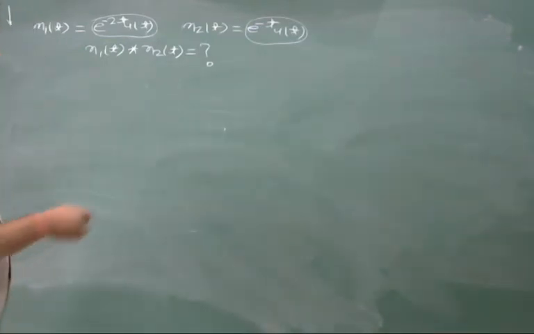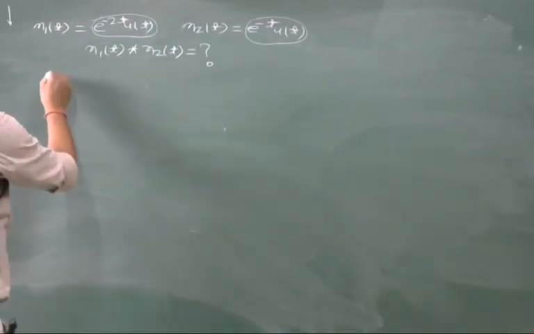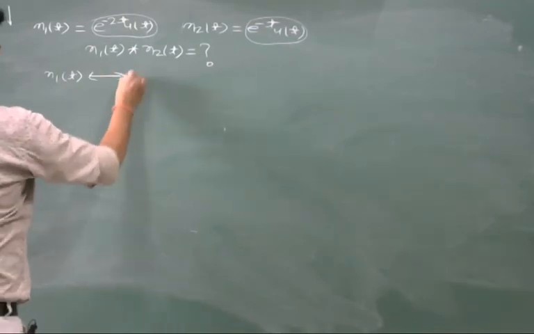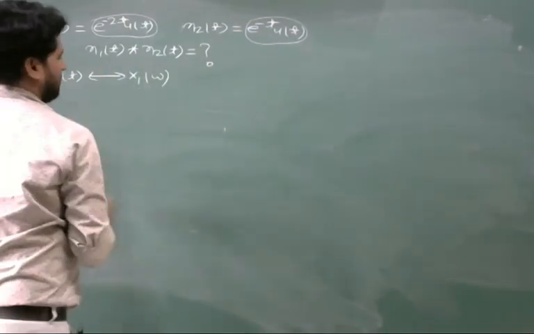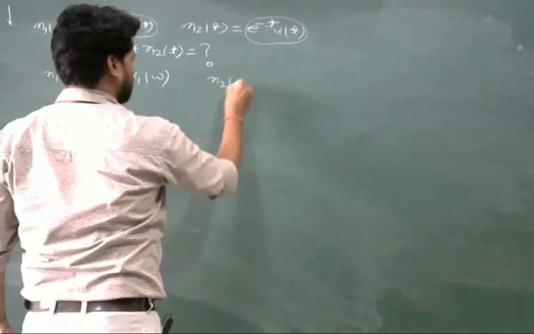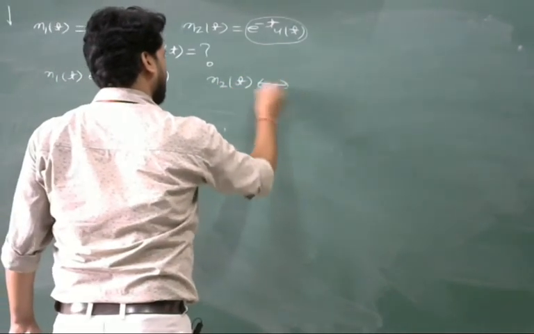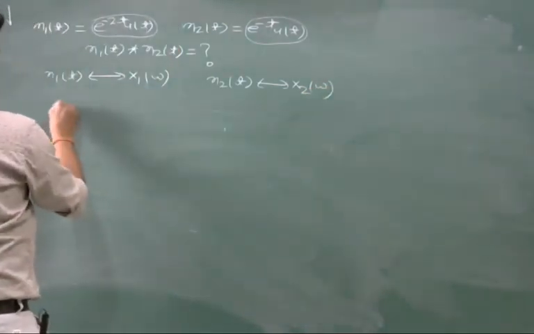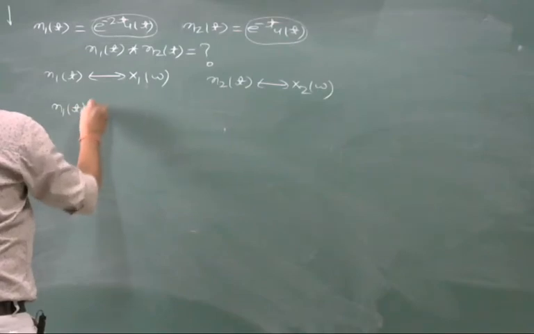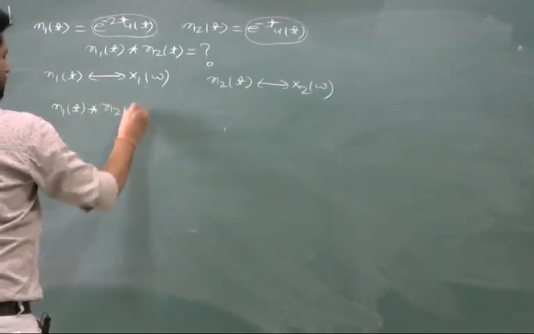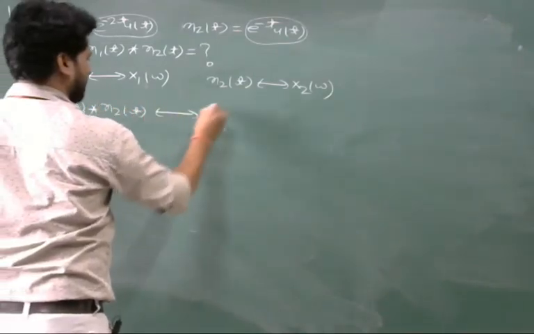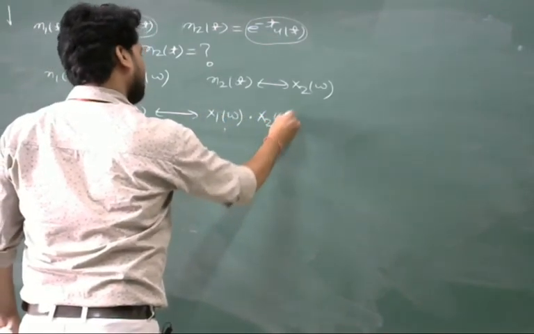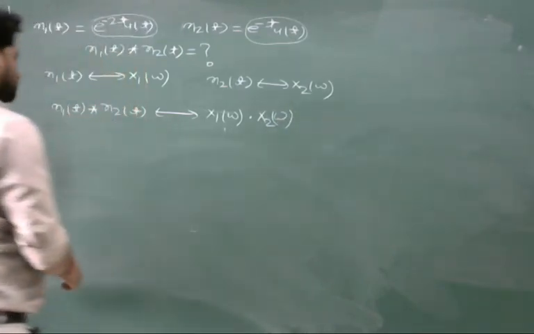Means if the Fourier transform of signal x1(t) is X1(omega) and the Fourier transform of signal x2(t) is X2(omega), then the convolution of these two signals x1(t) into x2(t) will lead to multiplication in the frequency domain.